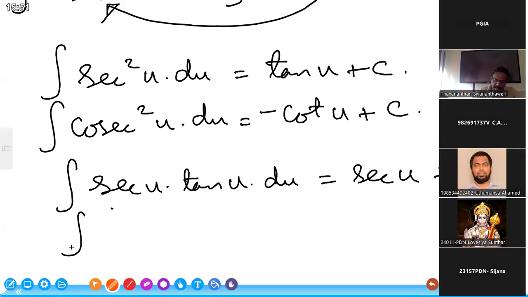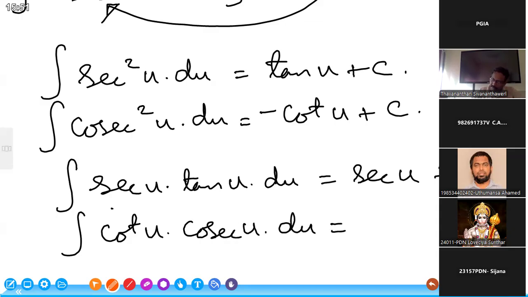The last one, integration of cot u cosec u du is given as minus cosec u plus c.